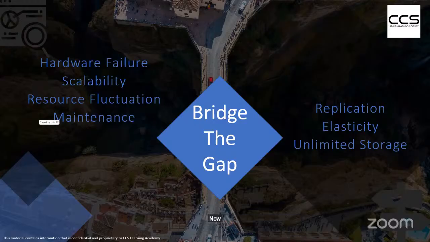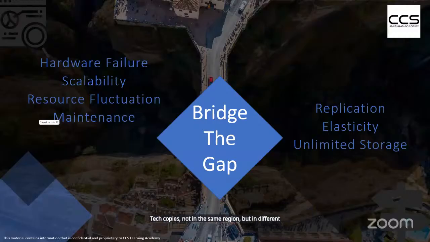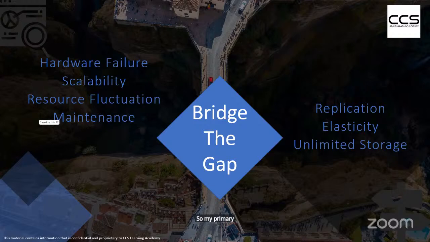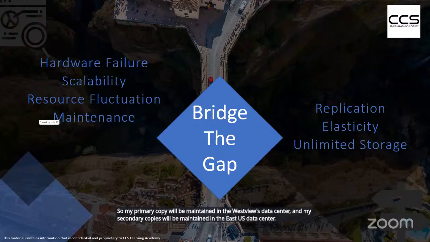Now we have got one more better option. Which option? That we are able to replicate the copies not in the same region, but in a different region. So I can select the East US data center, right? My primary copy will be maintained in the West US data center, and my secondary copies will be maintained in the East US data center. So what will happen, guys?